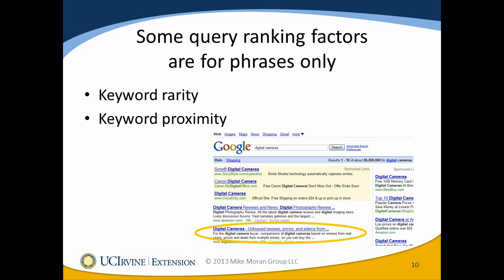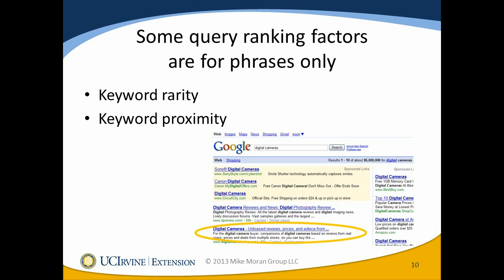That might lead you to think that page isn't really about digital cameras so much as it mentions digital cameras, but it's about a larger form of digital technology, right? It might be talking about how digital technology affects many things and uses cameras as an example a few times, whereas the other page might be really about digital cameras, but they just shortened it to say cameras instead of saying digital cameras over and over again.